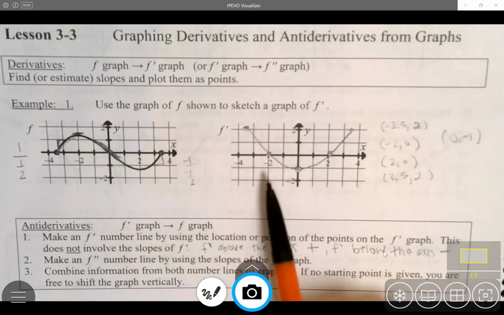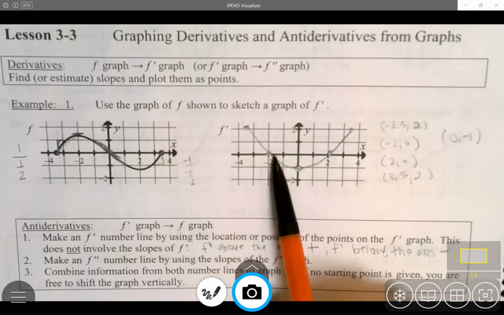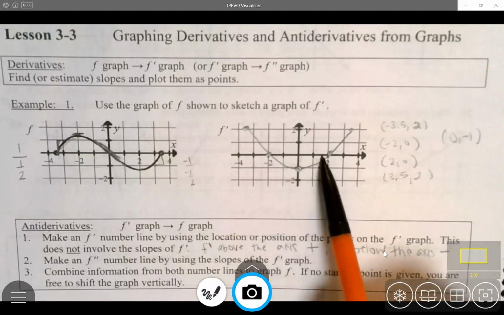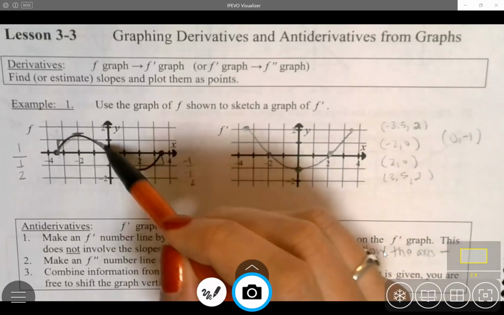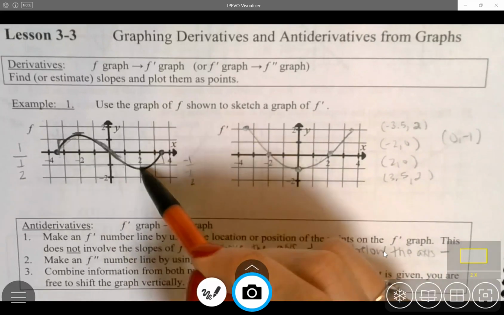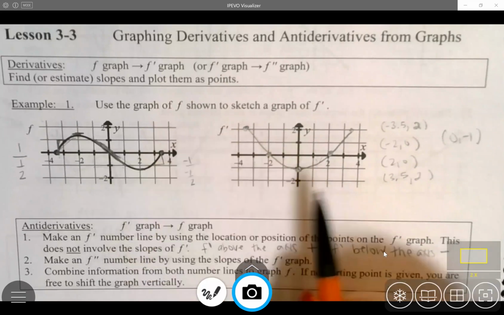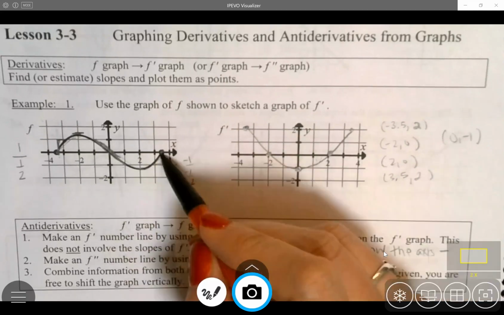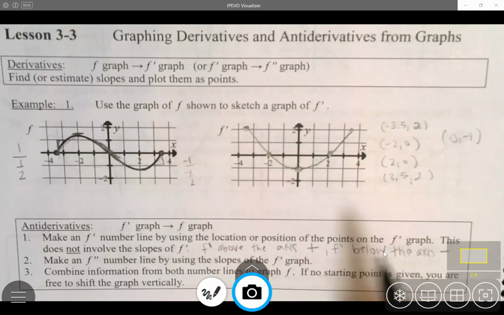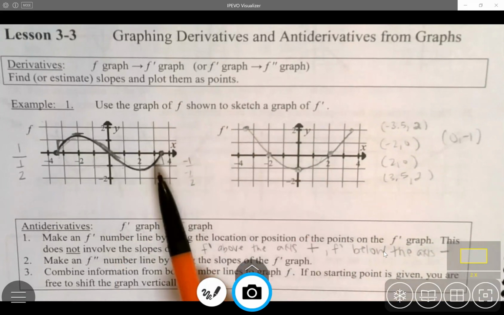Okay. And then between negative 2 and 2, it's below the x-axis, so that's negative. And then you notice this is decreasing between negative 2 and 2. Okay, and then from 2 to 3.5 is above again, and that's where it's increasing again. So you could kind of see how those two graphs relate.